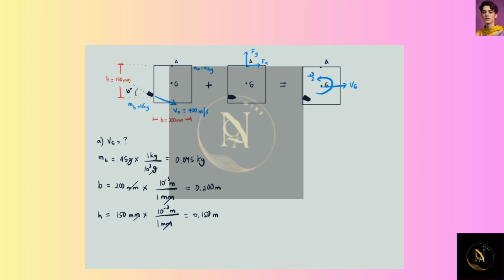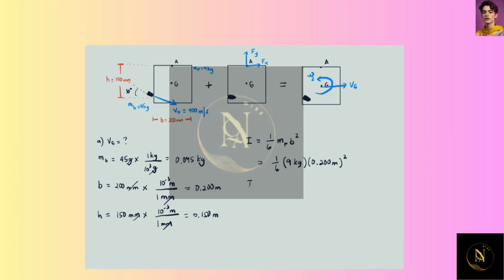0.150 meter. And then for the moment of inertia, based on the shape of the panel, the moment of inertia is given by 1/6 the mass of the panel times the length of the side squared, which is B. So this will be 1/6 times the mass of the panel, which is 9 kilograms, and then the length of the side B, 0.200 meter squared.